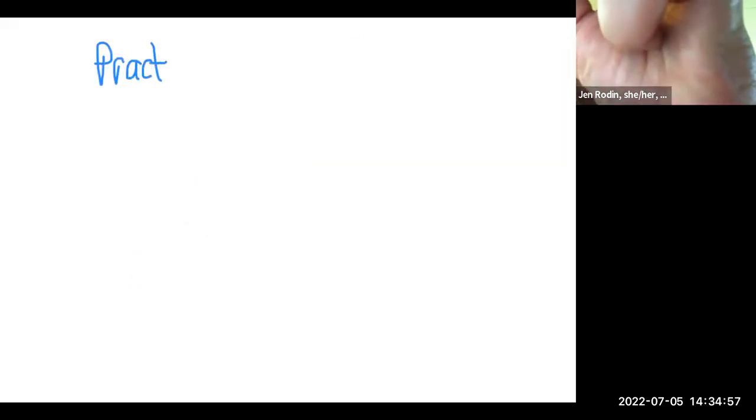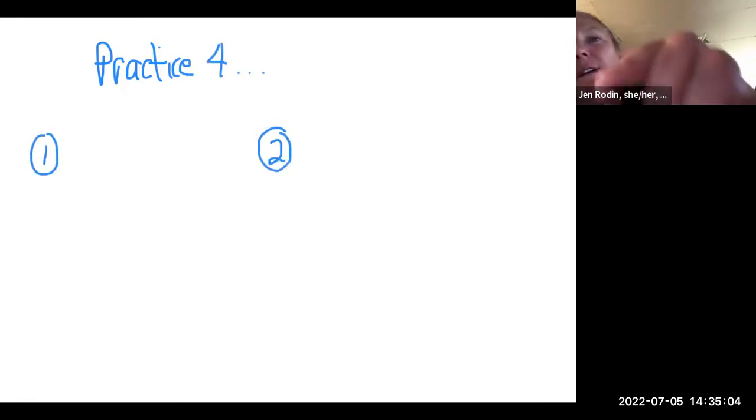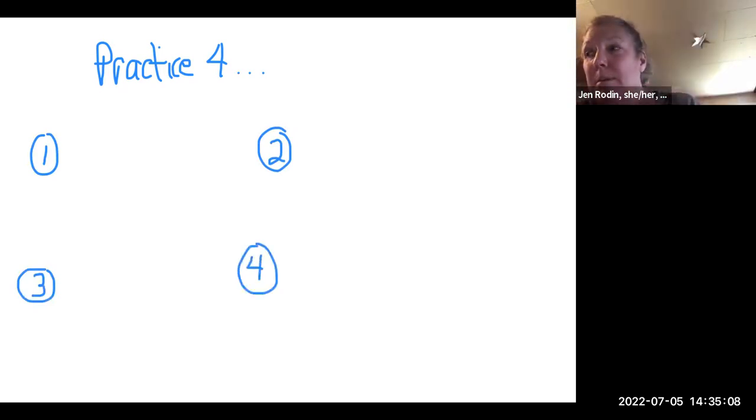Okay, let's practice a few like this that have more than 2 steps. Practice 4, 1, 2, 3. After this, we'll do a couple geometry problems, a story problem, and then we'll stop.